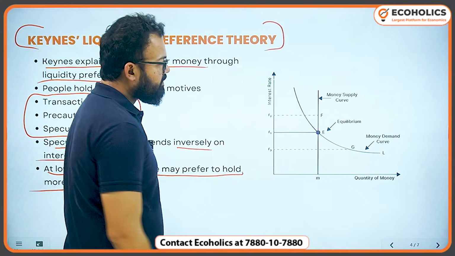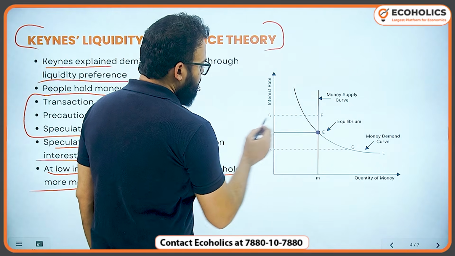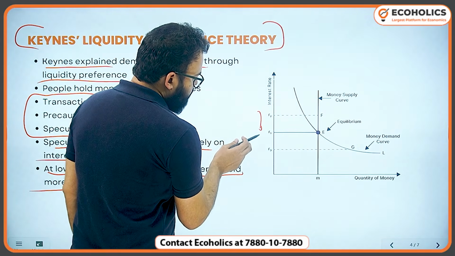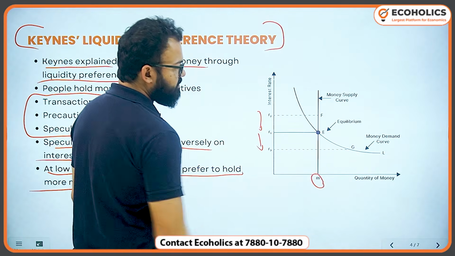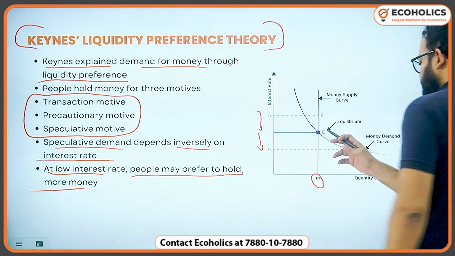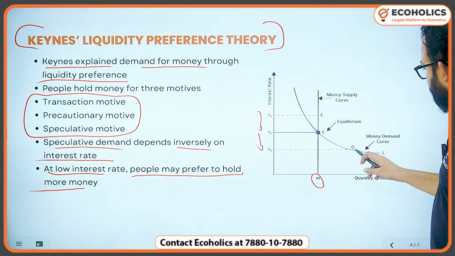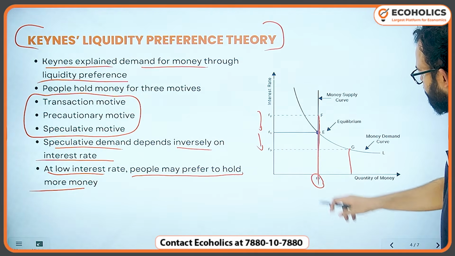This is downward sloping. Now here you can see, if it is vertical, if you are reducing the interest rate, nothing will happen. Nothing will happen with this. Okay. So here you can say this is the equilibrium point. Here if this will reduce, it will come down. And if this will reduce, it will remain the same.